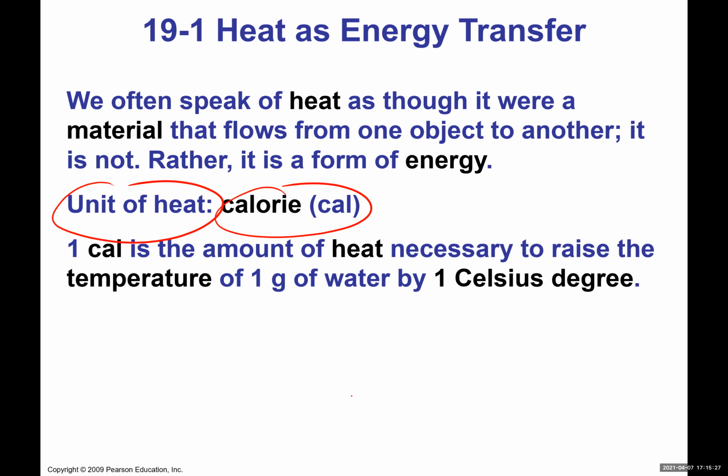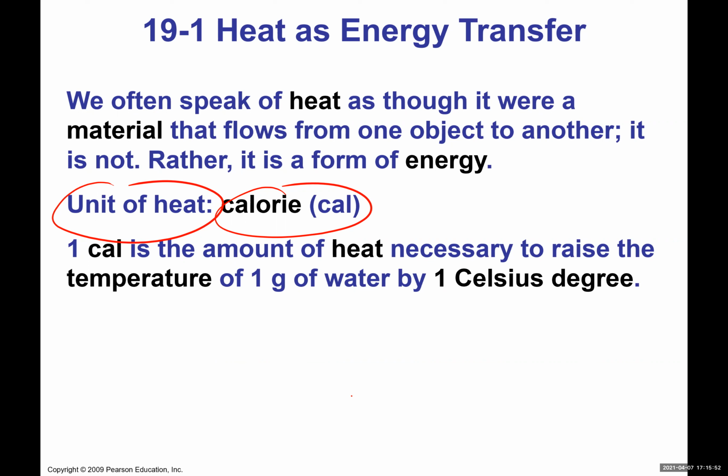But that's kind of what we have. This calorie is just the amount of energy moved into the system or out of the system in order to change the temperature, for example. The calorie, as I said, is still used in some of the chemistry classes, but it is also used in the food industry.